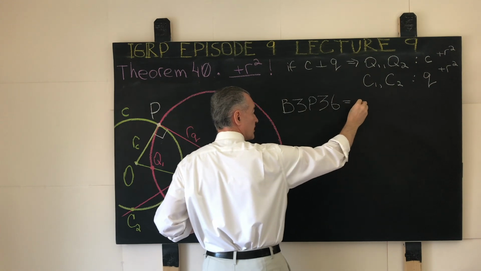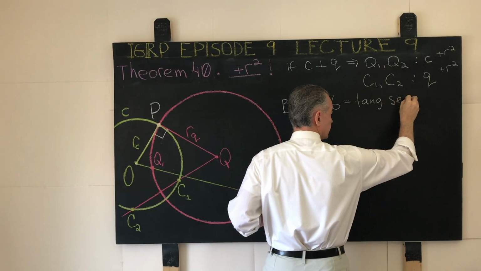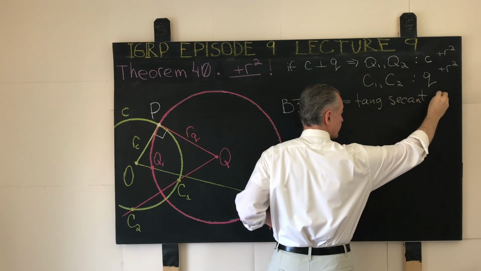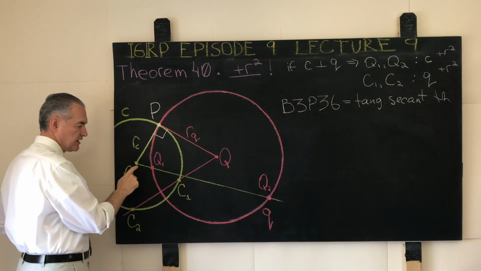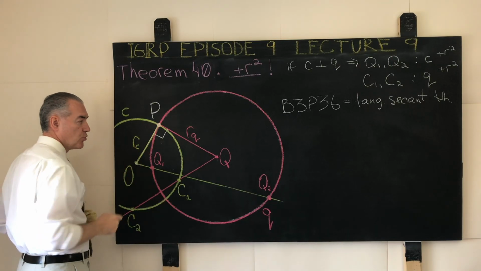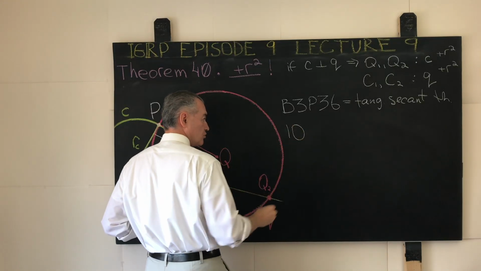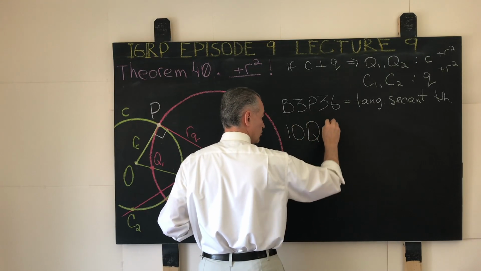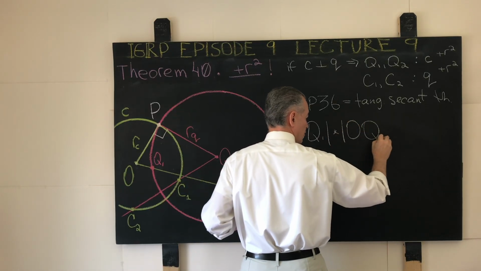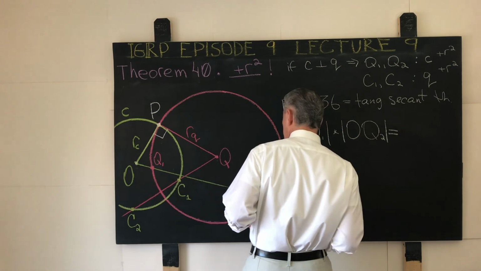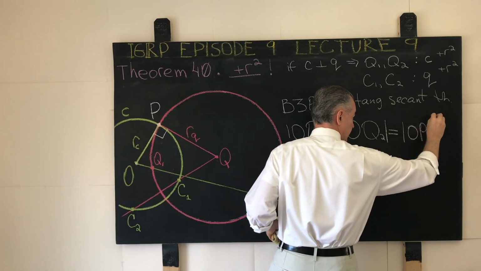This is also known as the tangent secant theorem. And according to that theorem, as Euclid puts it, the rectangle on the secant is equal to the square on the tangent. In other words, the product of the distance from this center of inversion to the point Q1 and the distance from the center of inversion to the point Q2 will be equal precisely to the square on the tangent, or the distance OP squared.